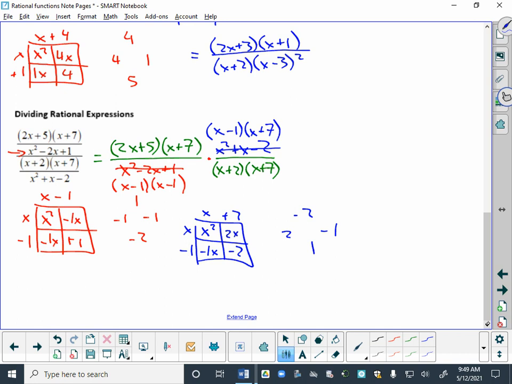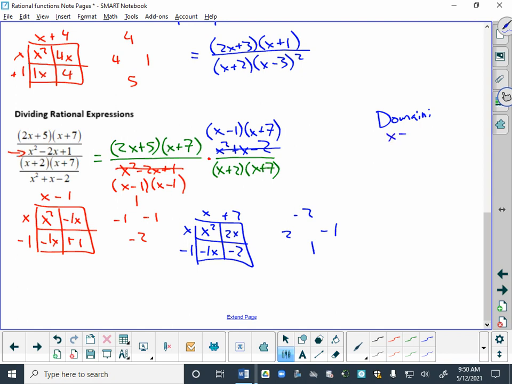So, looking at what we've got here, we can see the domain. Again, we can make the call on the domain: everything that is or was in the denominator. So at one point, this x squared plus x minus 2, which factored here, was in the denominator.